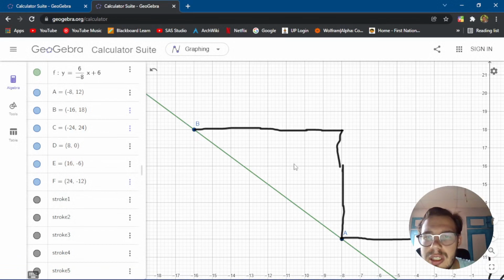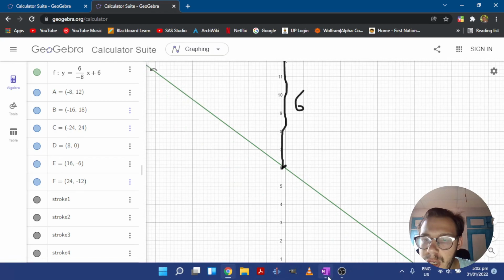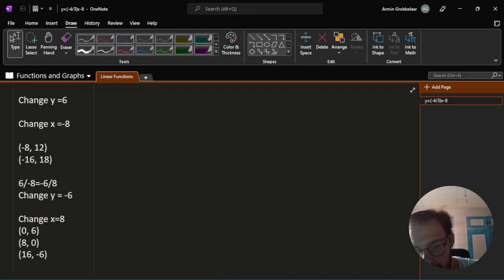So here you can see is the point (0, 6), and because the change in y is negative, we're going to move down, and because the change in x is positive, we're going to move to the right.